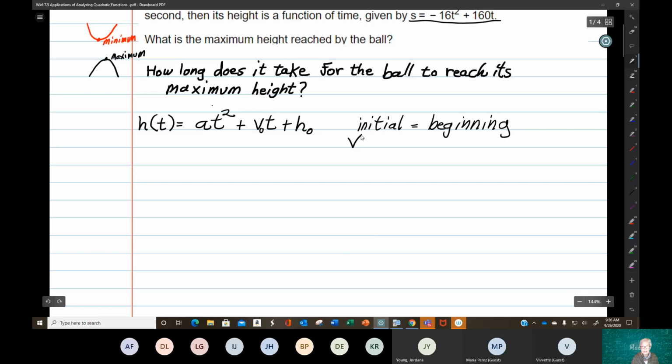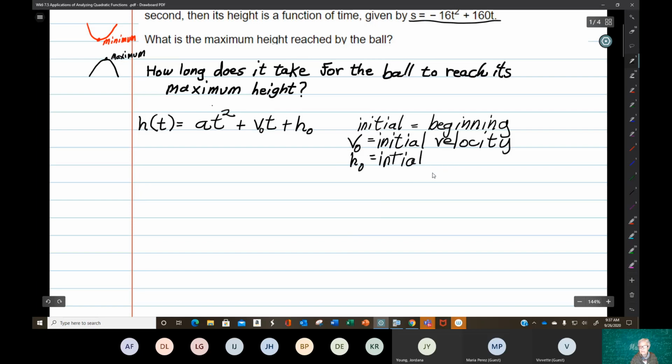So V naught is the initial velocity, the initial speed of the ball. The speed in the very beginning, as soon as the pitcher releases the ball, what is that velocity? And H naught means height in the beginning, initial height.